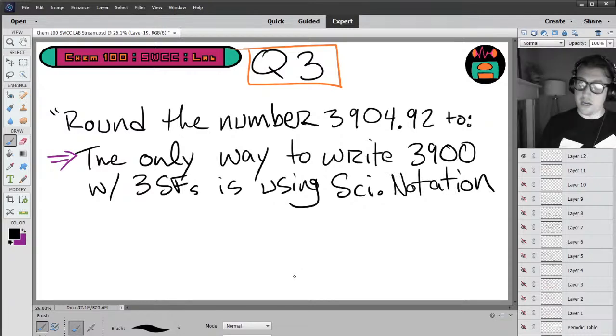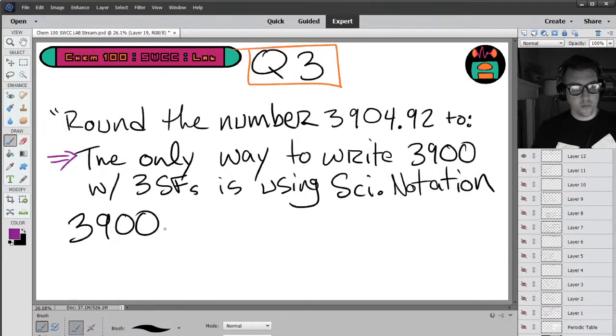All right, here's how. First, we know that we need to place our decimal after our first non-zero digit. Right now the decimal is right here, so we roll it over 1, 2, 3 spaces.